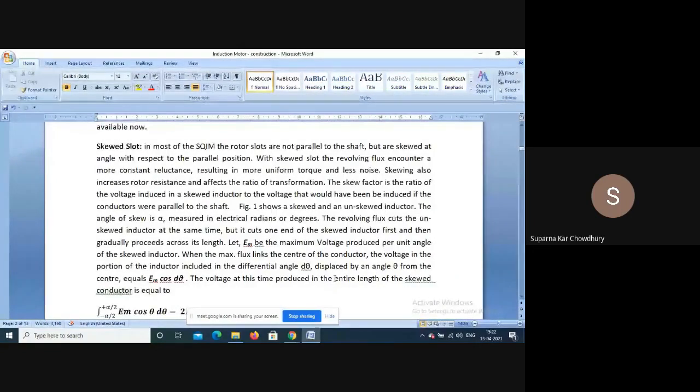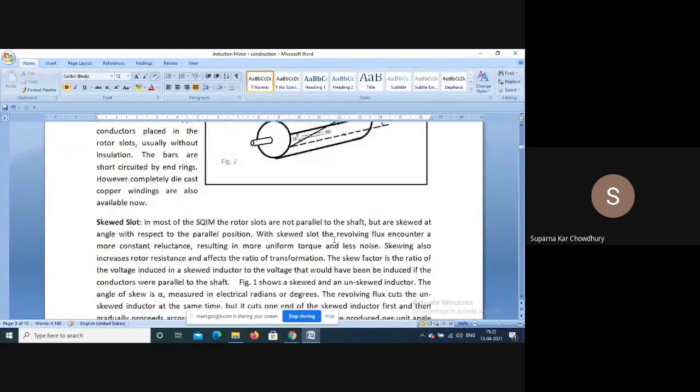Say for skewing, if Em is the maximum voltage produced per unit angle of the skewed conductor, that is Em per degree.